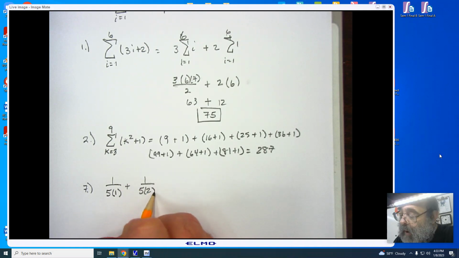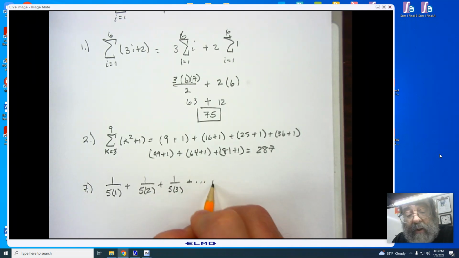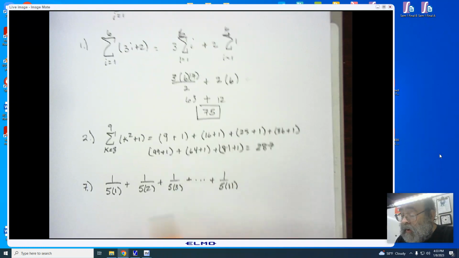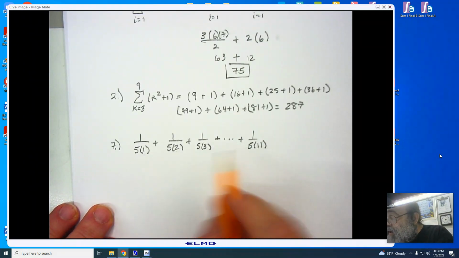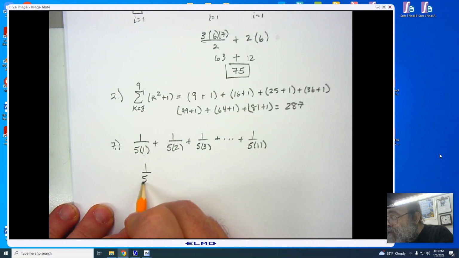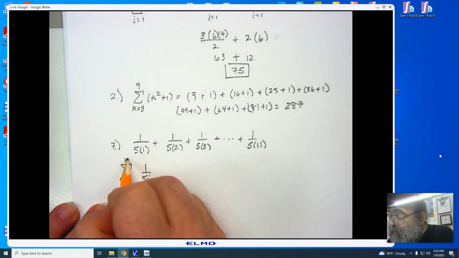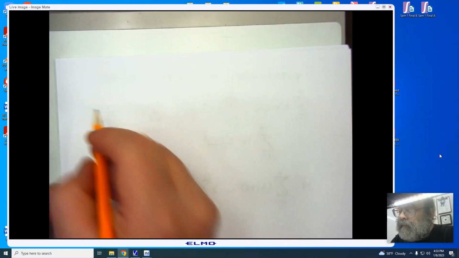What we're looking for is what value changes, because the value that changes is where we're going to put the i or k or the variable that we're working with. You'll notice right here, it's this piece in the parenthesis. So we're looking at 1 over 5i, and our i is starting at 1 and going up to 11. And that's my answer.